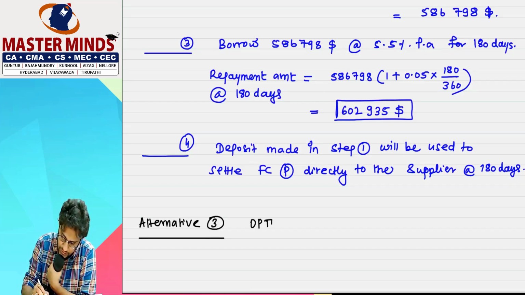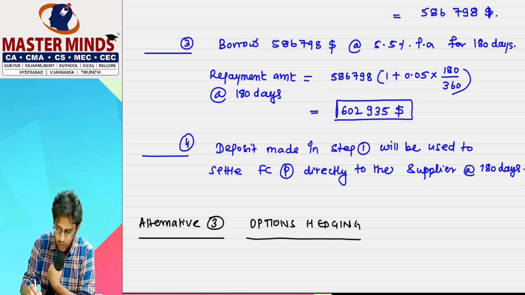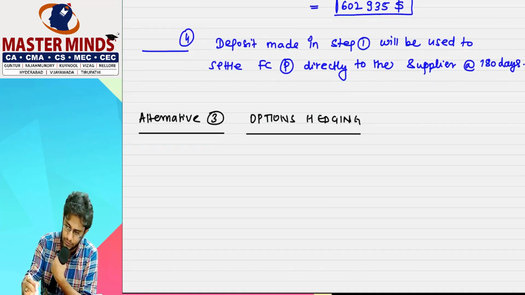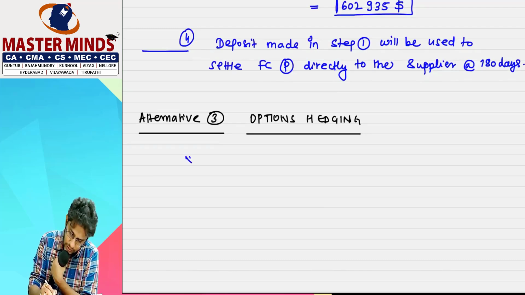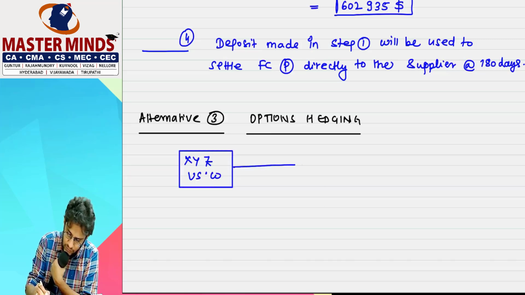This is options hedging. Here, sir, you got to recall what we have discussed in the previous class. So our XYZ is a US company, and this fellow has a pound payable of 3 lakhs at 180 days.